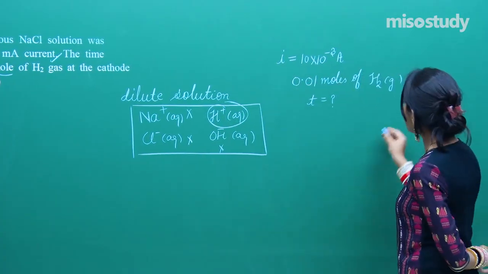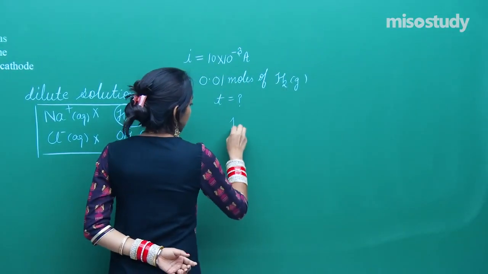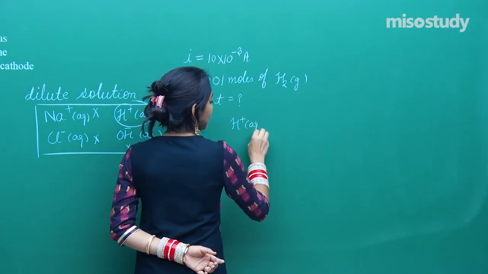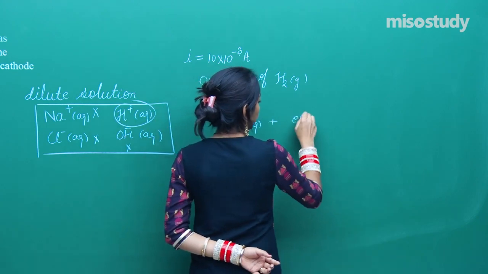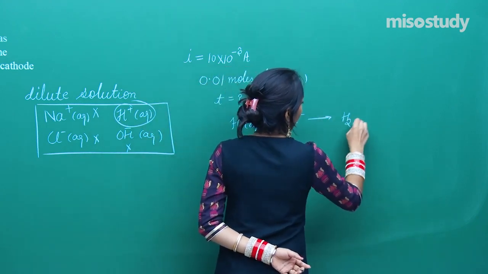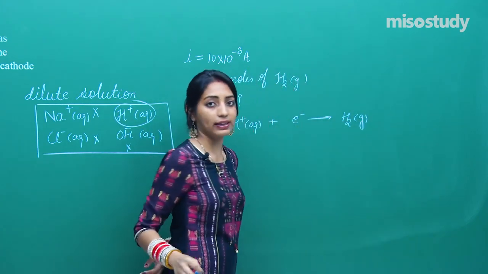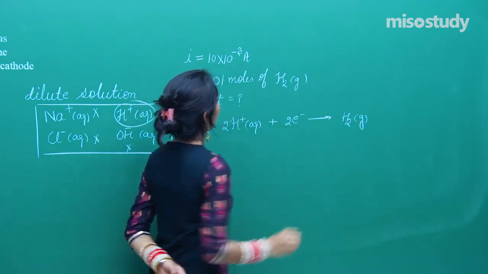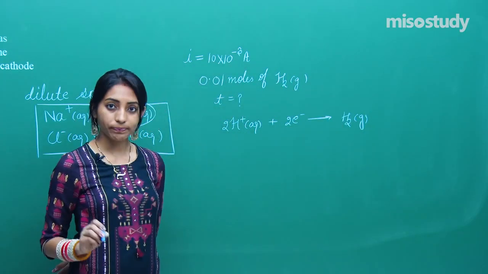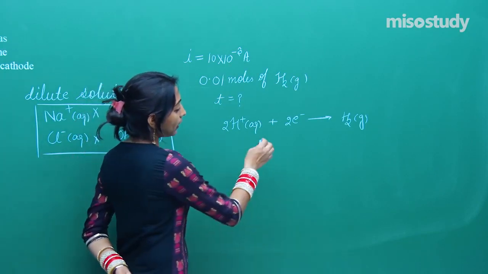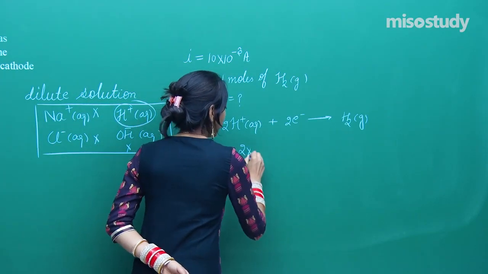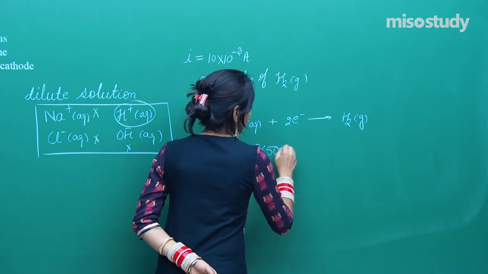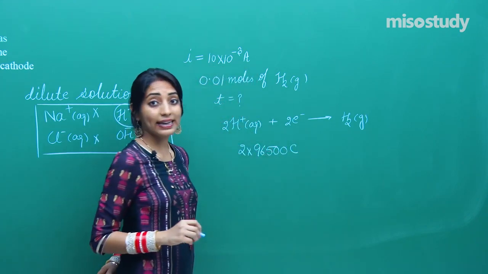Fine. How will I write? See here carefully. I will say that H plus aqueous plus electron forms hydrogen in the gaseous state, right? So now I have 2H plus and 2 electrons to form H2 in the gaseous state. So from here can you say that 2 into 96500 coulombs of electricity.